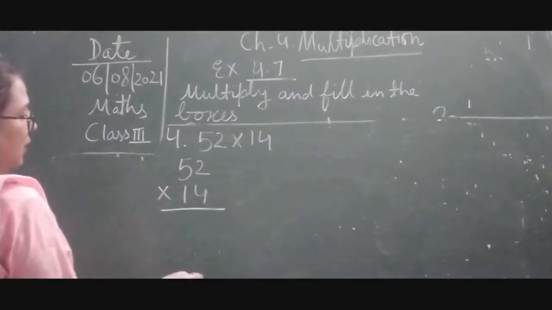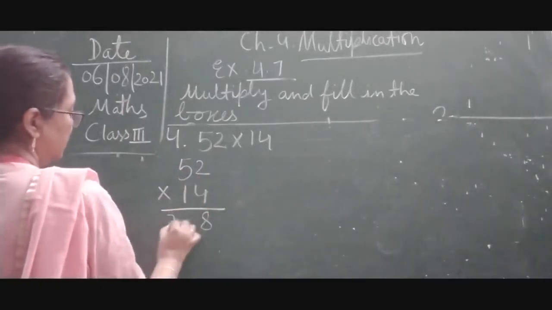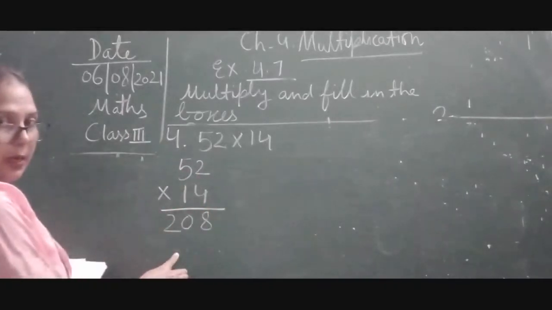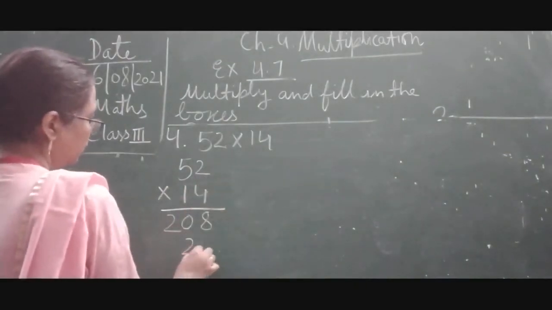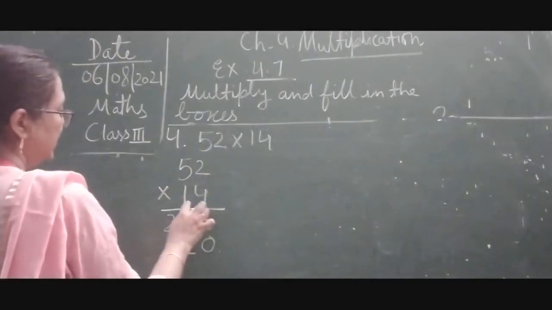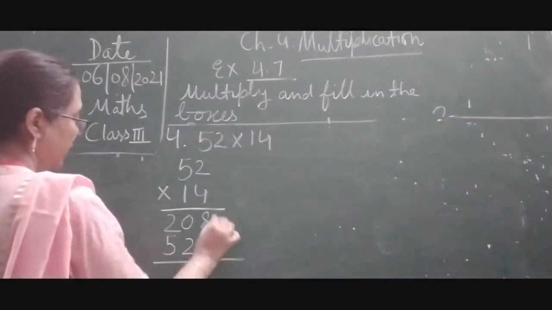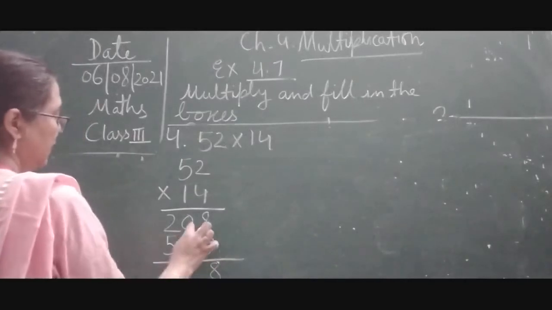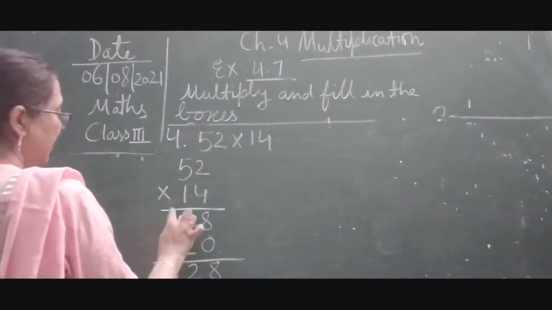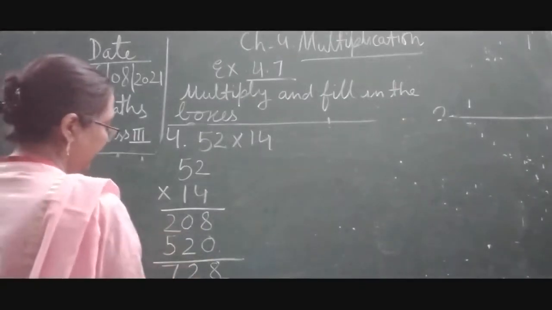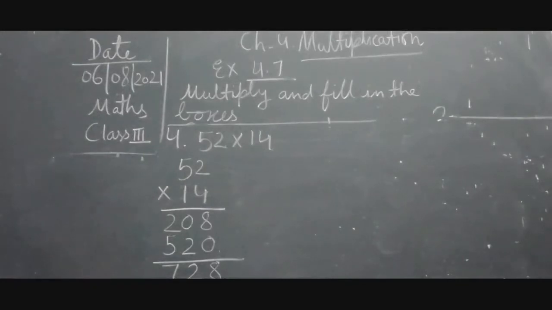4 2s are 8, children, and 4 5s are 20, so we get 208. Now 1 2 is 2, 0 we will write. Now 1 5 is 5, children. So here 8 we will write, then 0 plus 2 we get 2. Now 5 and 2 we get 7. So 728 we will get as the answer, children.